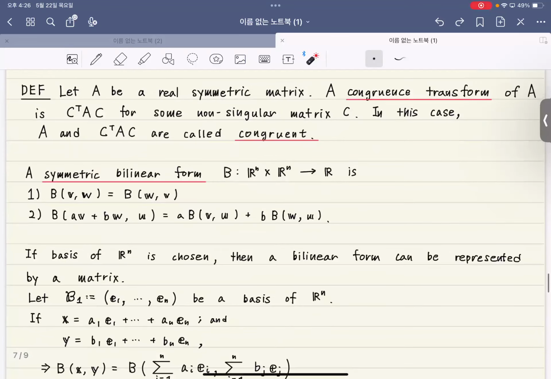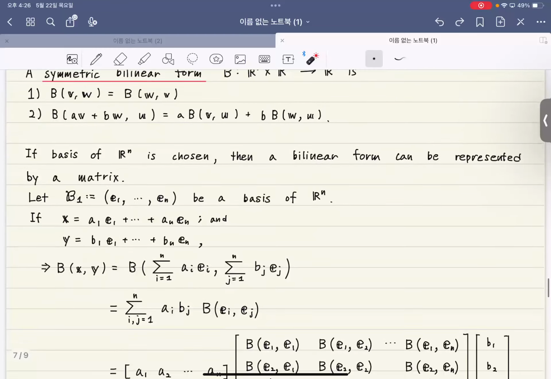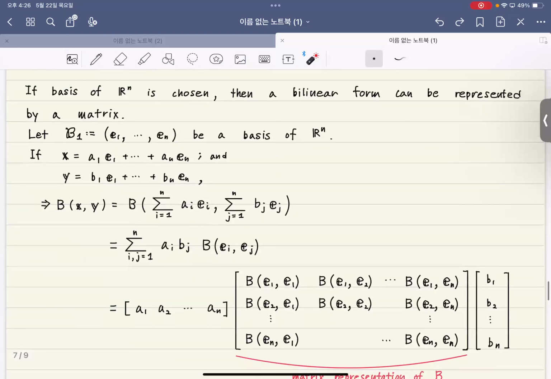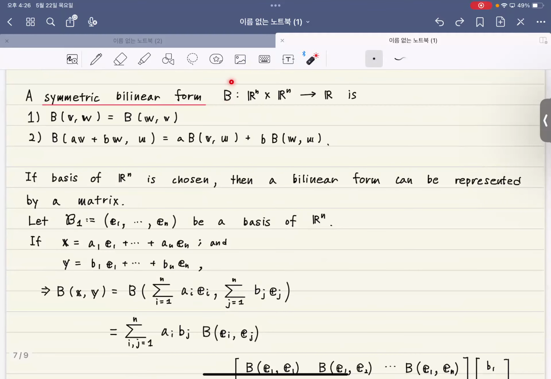All right. So let me go back to the symmetric bilinear form. Let us consider this scenario. Suppose that the symmetric bilinear form B is fixed, given. Now we choose a basis of this vector space R^n. Once the basis has been chosen, the symmetric bilinear form can be represented by a matrix.